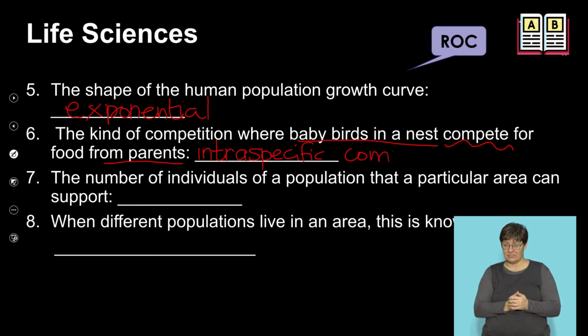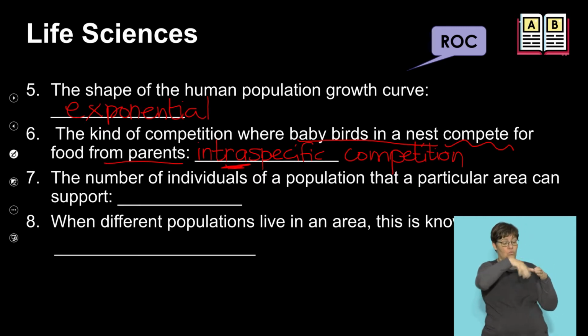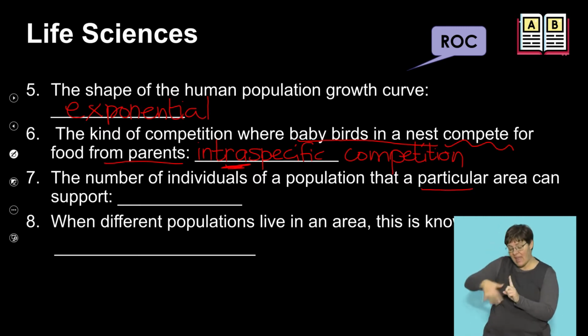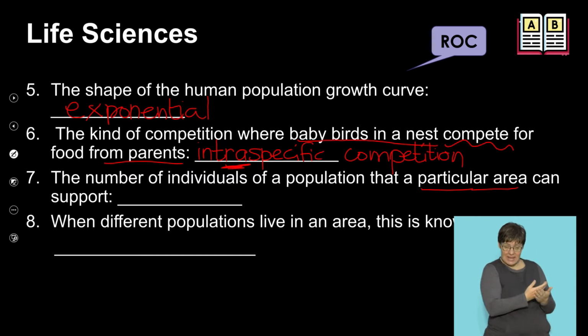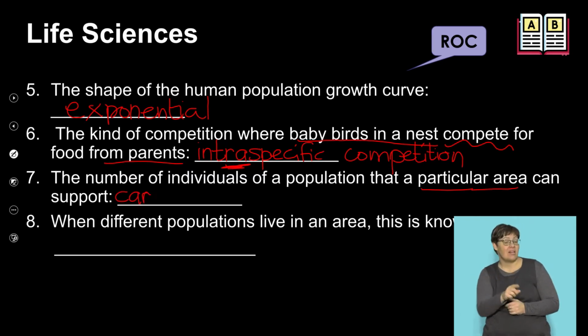So two words making up our one term. Make sure that you spell this intra-specific correctly. The number of individuals of a population that a particular area can support, that is known as the carrying capacity.